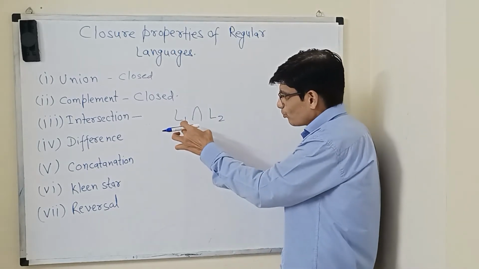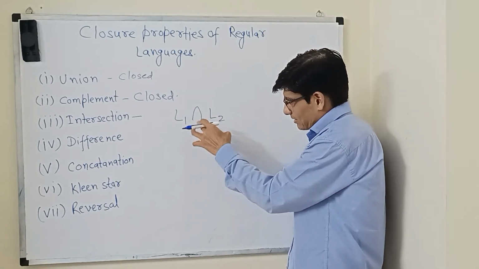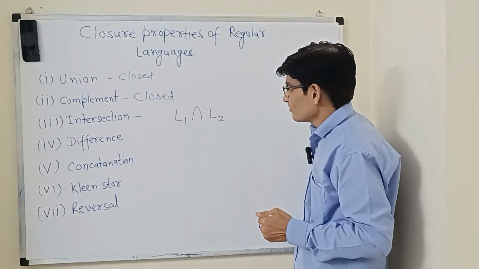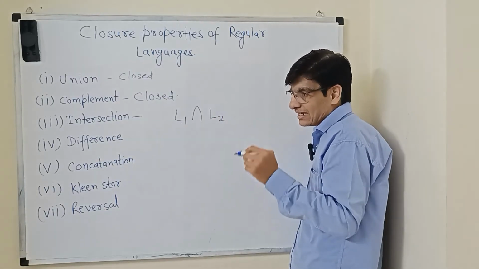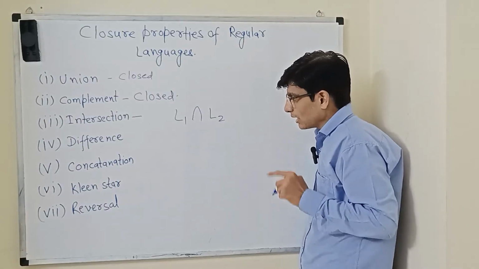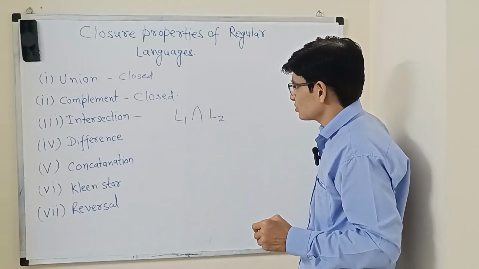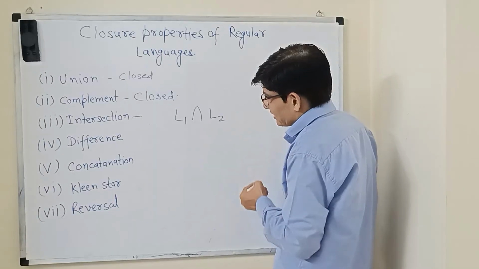Now we can prove, using De Morgan's law, that the intersection of two regular languages is again a regular language. Now how can we use De Morgan's law here to prove this? I will show you.